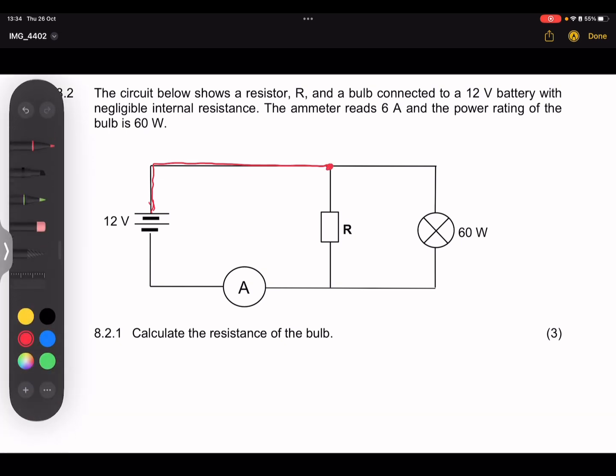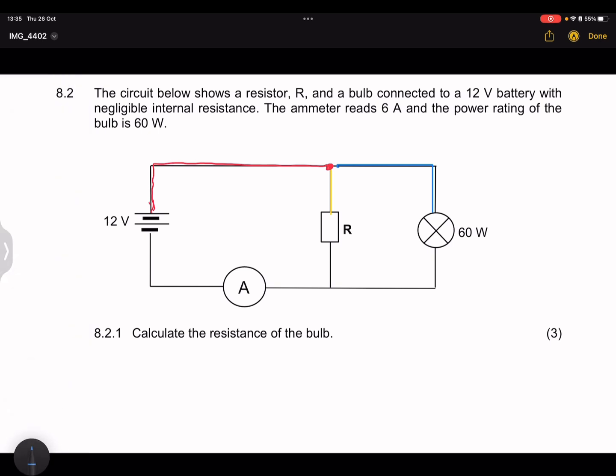But once we get to that node, what happens to the current? It will divide. Some of the current will go through resistor R and some of the current will go through that bulb. So what can I say about those two, the resistor R and the bulb? They must be in parallel with each other, so they will divide current.